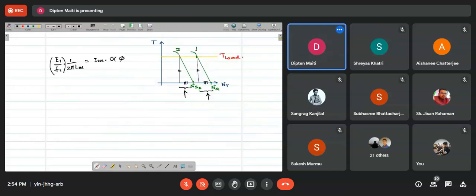Now, we can write how E1 is related to the voltage V1. E1 is equal to V1 into j omega.